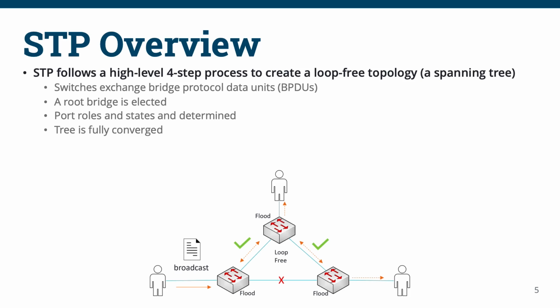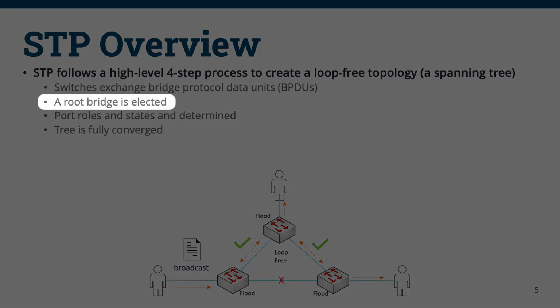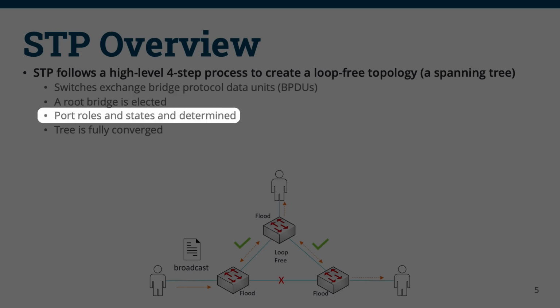Once all nodes in the LAN exchange BPDUs, all nodes then agree on which one is the root of the tree topology. This process of determining the root of the tree topology is called the root bridge election. Once the root bridge election is complete, STP assigns certain states and roles to each port in the topology.